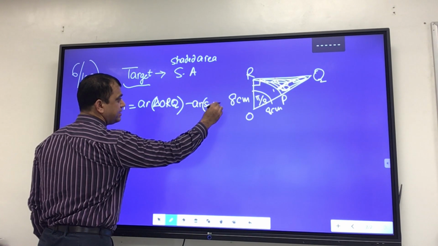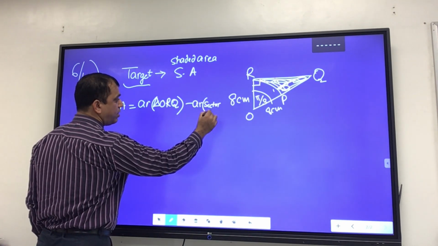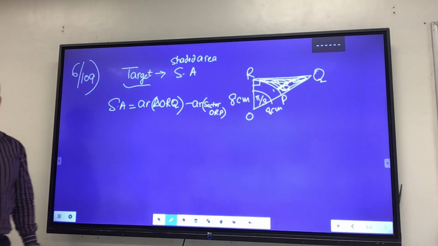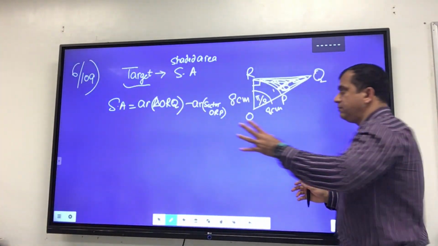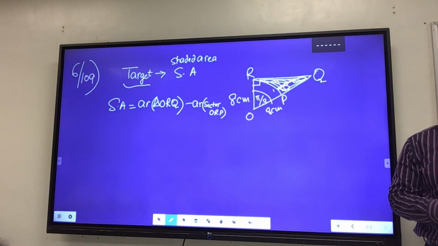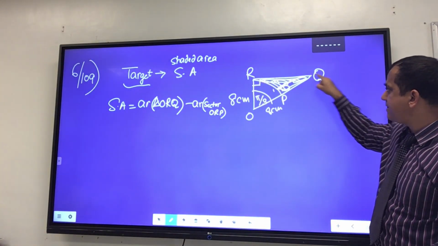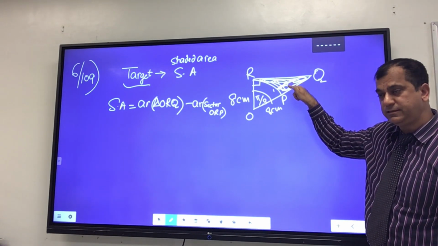What is that sector? OPR. You can say OPR or ORP, doesn't matter. Clear? Again, explain. If you know this thing, then you are studying perfectly, correctly. This triangle minus this sector will give you the shaded area, right?